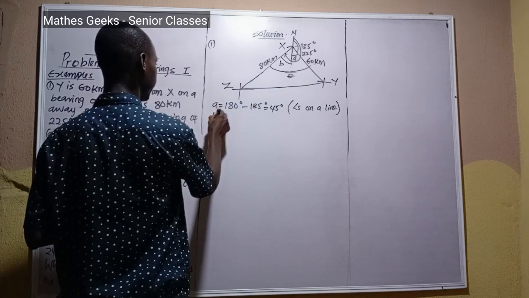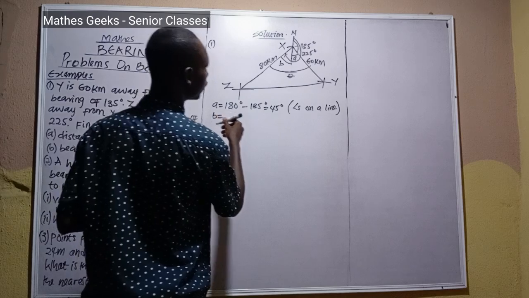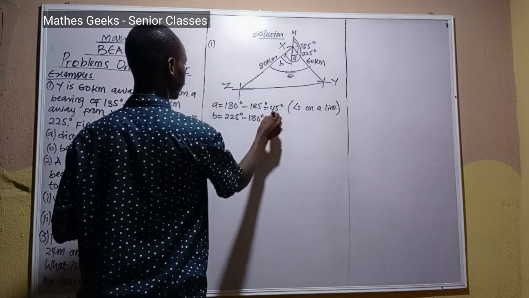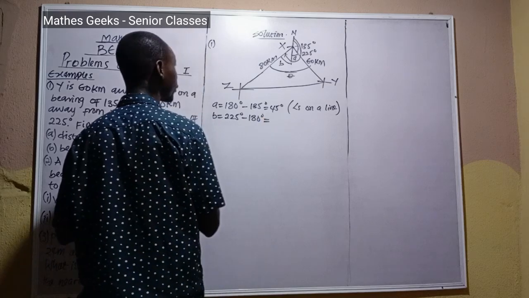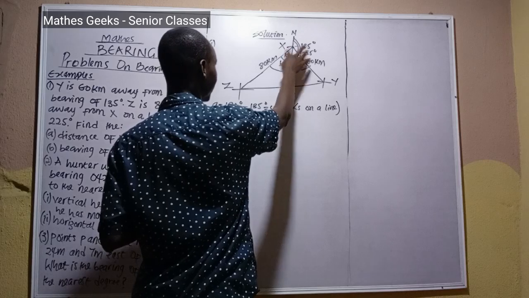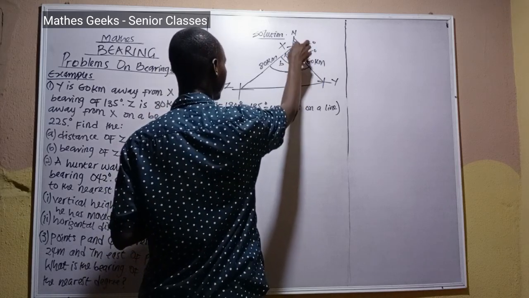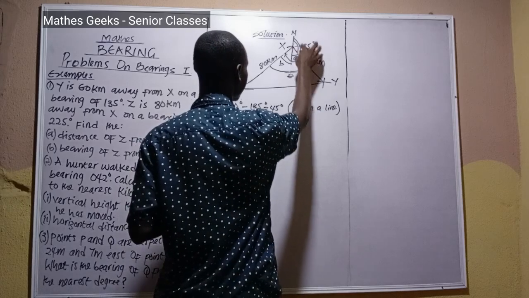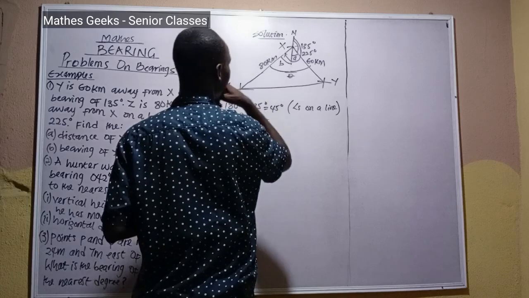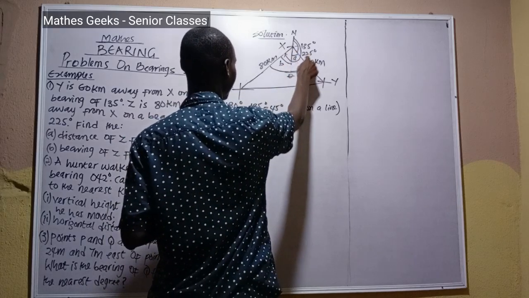So B is equal to 225 degrees minus 180 degrees. From the north to this line is 225 degrees, so to get B we simply do 225 degrees minus 180 degrees, because B was added to 180 degrees to get 225 degrees.